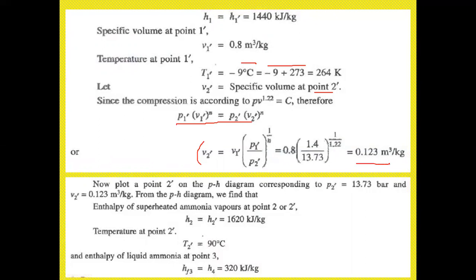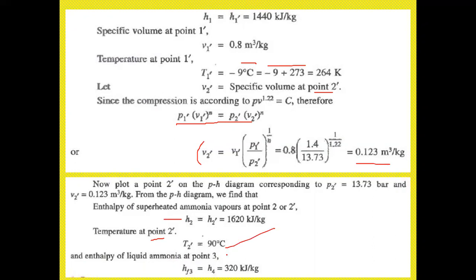Now take point 2 on the pH diagram, at pressure point 2 dash. H2 is equal to H2 dash, that is equal to 1620. Now the temperature at point 2 is equal to 90 degrees.